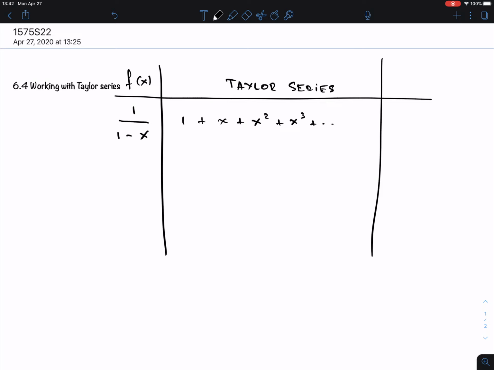Okay, and then we have the radius of convergence. That's of course very important, because it tells us that the function and the Taylor series can only be considered to be the same when you're inside the interval of convergence. Okay, that's the first one that we did a week ago.